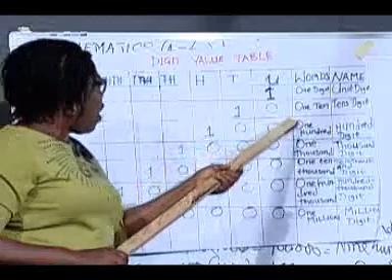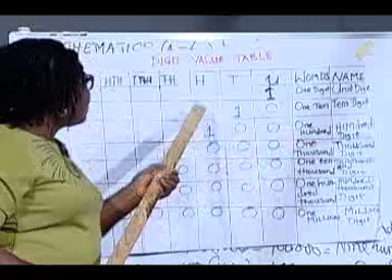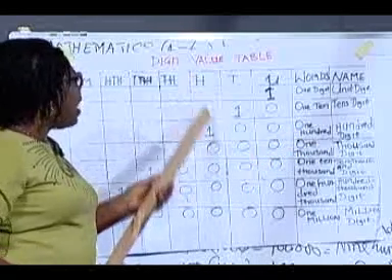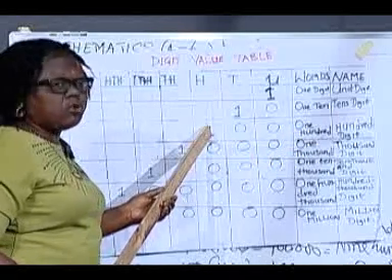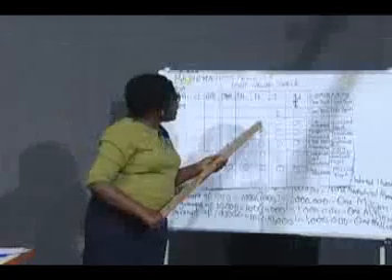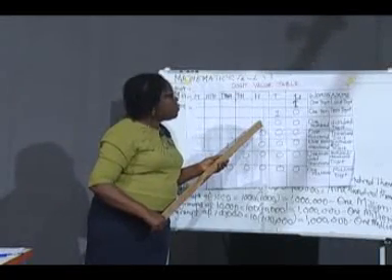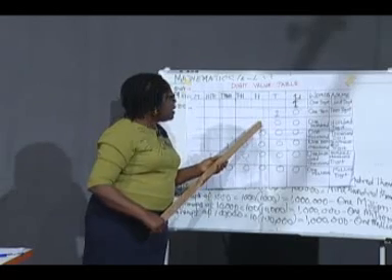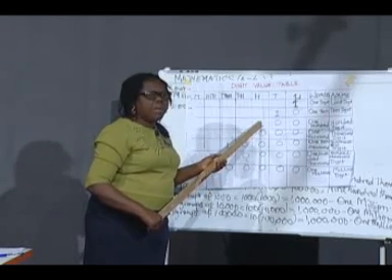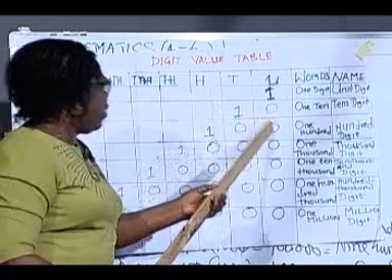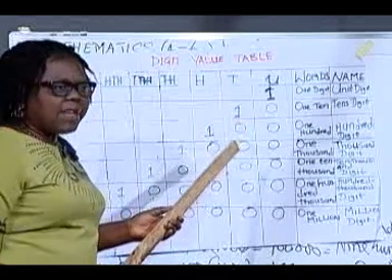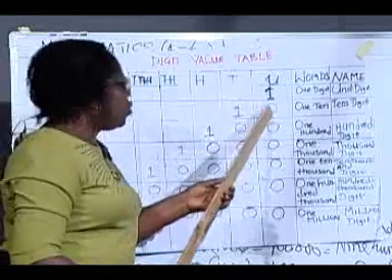And now we have 100. This is 100, because this one falls under hundreds and is only 1. If it is 2 here, it should be 200. But once it is 1 here, it is 100. And the digit name is hundreds digit. Hundreds carries how many digit number? 1, 2, 3. But tens carries how many? 1, 2.